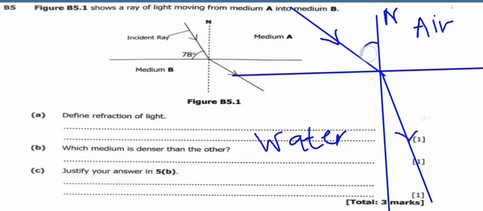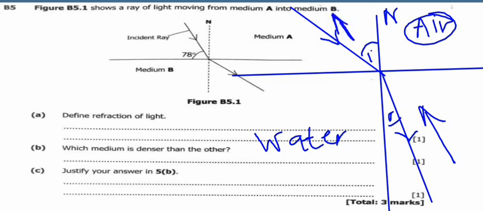So this one is the angle of incidence, and this one is the angle of refraction. So when the ray is coming from a less dense medium, which is the air, going to the more dense medium, which is the water, it bends toward the normal. Oppositely, when it is coming from a more dense medium, which is the water, going to the less dense medium, which is the air, it bends away from the normal.